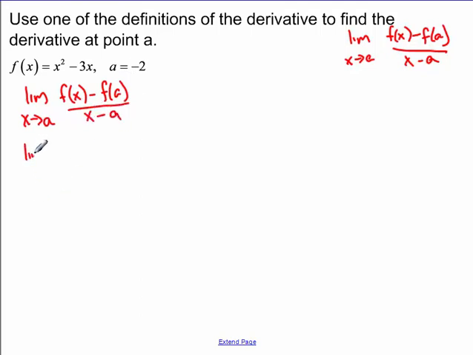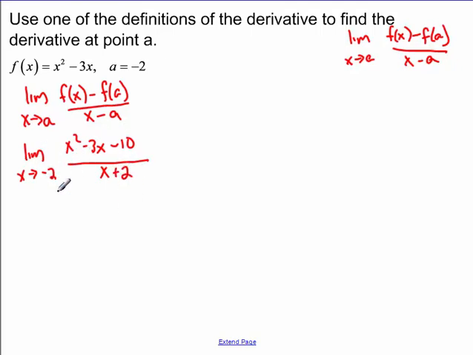Okay, our a is -2. Our function is x squared minus 3x. When I plug in -2, we get a positive 10, so it's x squared minus 3x minus 10 all over x plus 2.